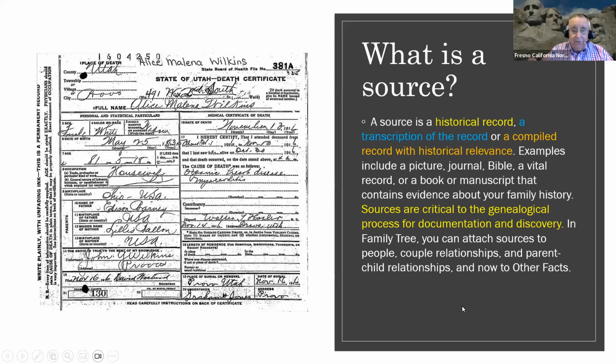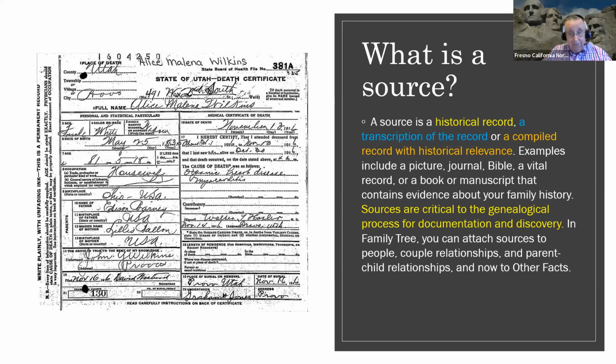The importance to them is that they're critical to the genealogical process because they provide us with the documentation that we need and help us to discover things about our ancestors. In Family Tree, you can attach sources to people.